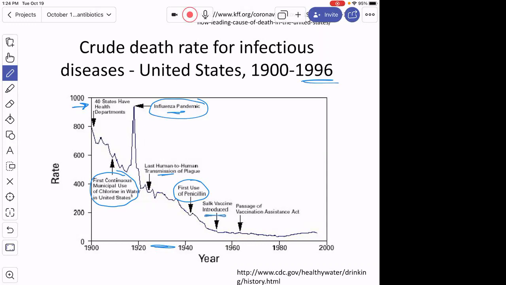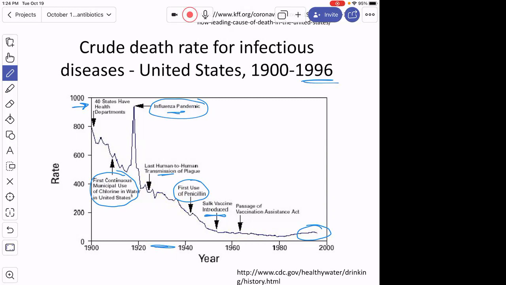The first polio vaccine in the 50s, 60s, we started to have a lot more vaccinations in our arsenal, and insist that school children are vaccinated. So the rate of infectious disease is pretty low. There was a little uptick here, probably a resurgence in microbial, bacterial infections that were resistant to antibiotics.